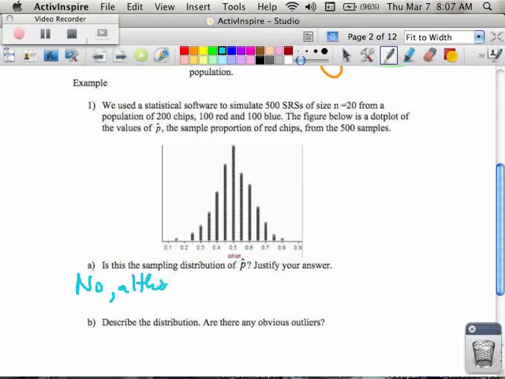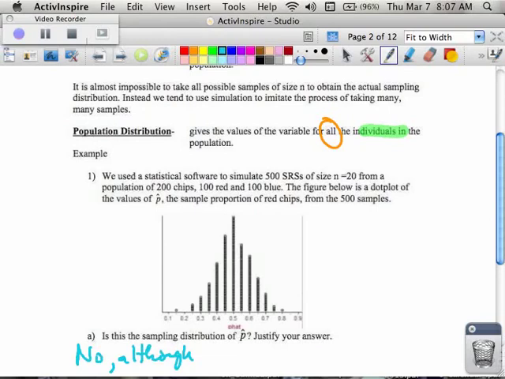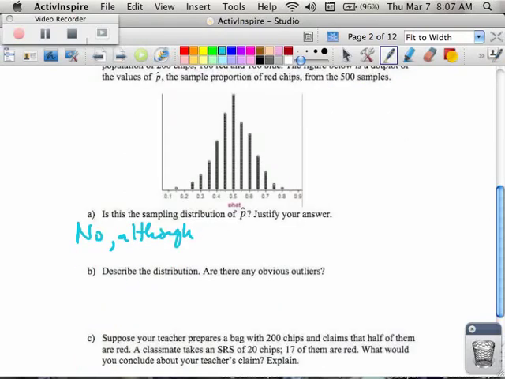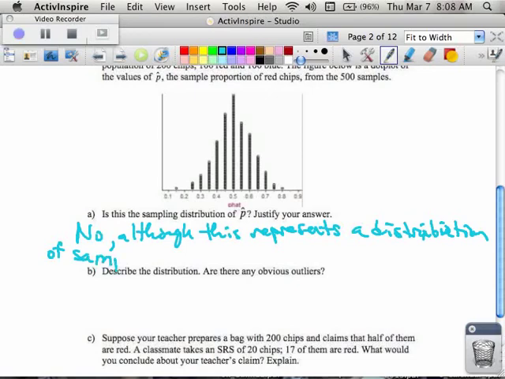Although this represents a distribution of samples, it is not all possible samples.